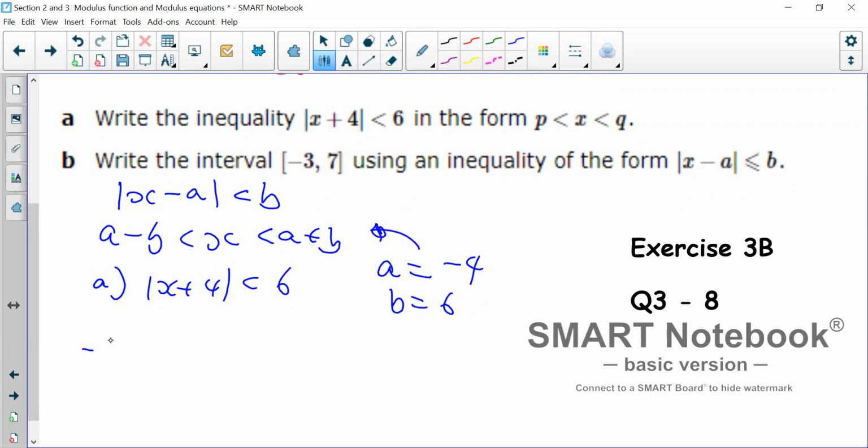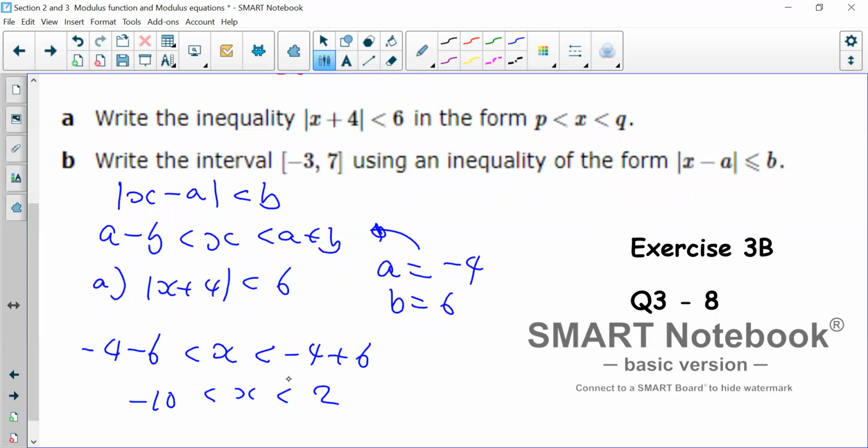So now we have minus 4 minus 6, which is less than x, and x is less than a plus b, so minus 4 plus 6. So that means now if we simplify, our x will have to be greater than minus 10, but less than 2. Okay?